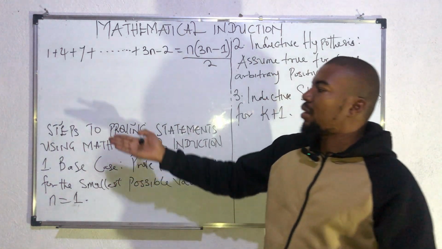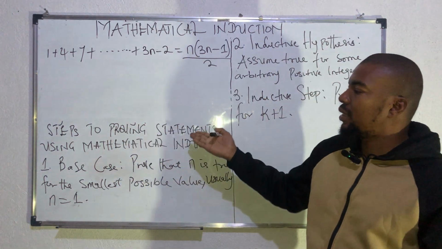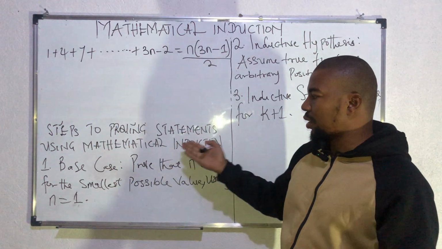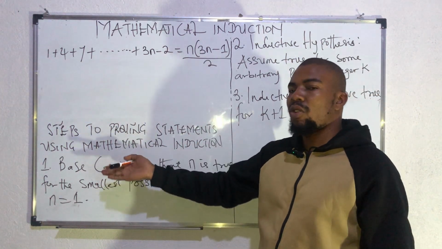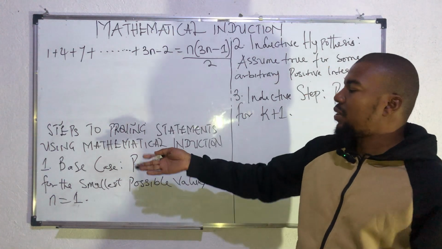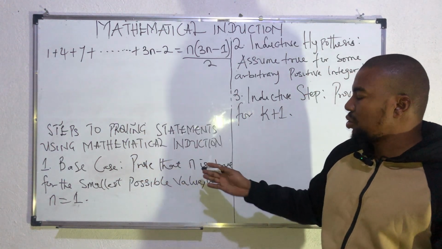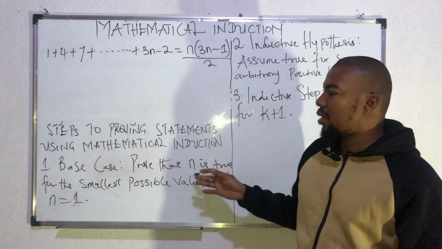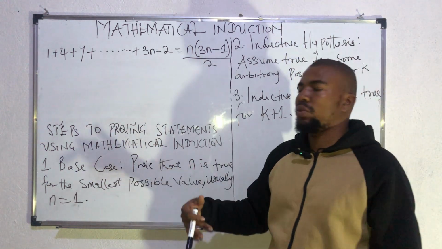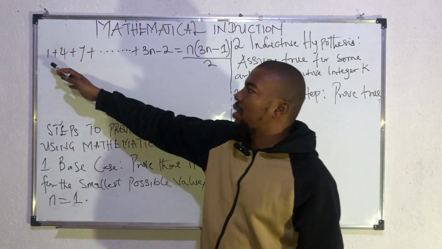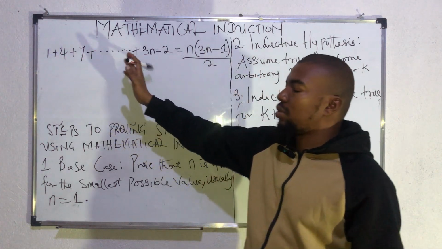There are three steps to proving statements using mathematical induction. The first one is the base case. For this base case, we are going to prove that the statement is true for the smallest possible value of n. Usually n is equal to 1. As you can see from here, we have a 1, so you're going to start from 1.